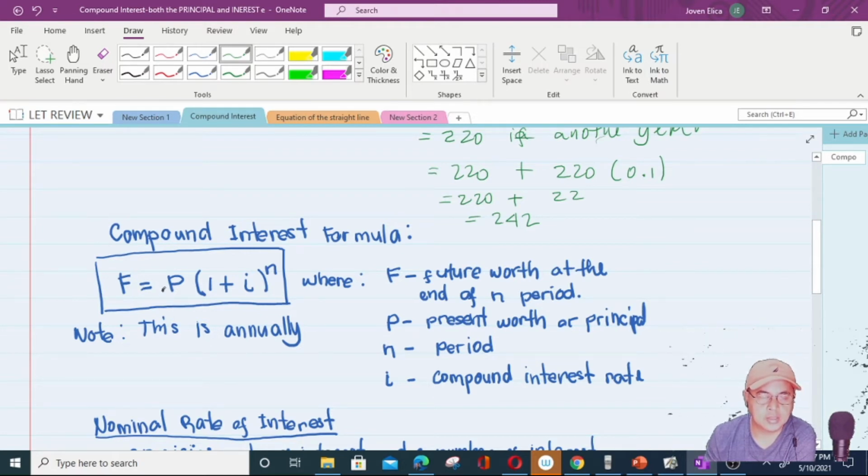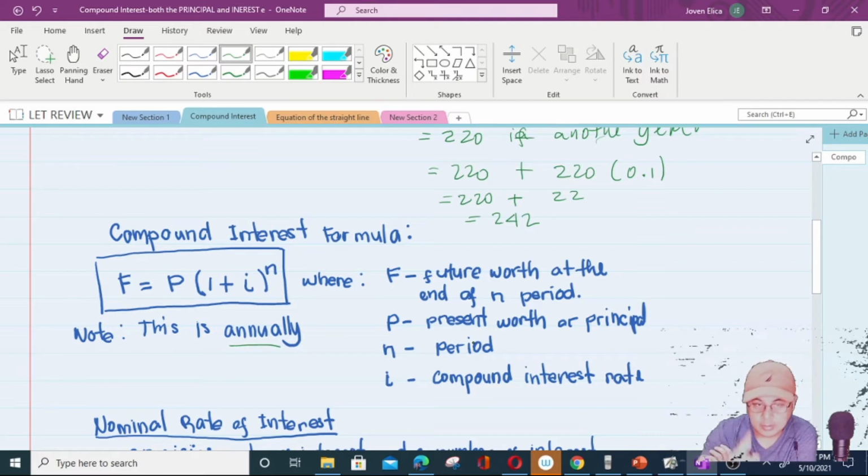So that is the only way we can use this formula. That is the time we can apply this formula, if the given problem is to be paid annually. Okay?